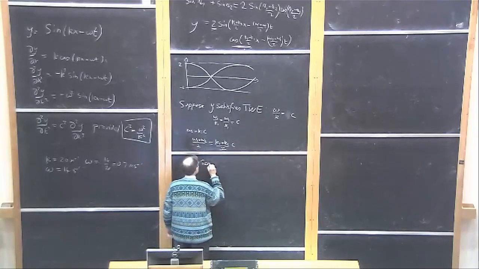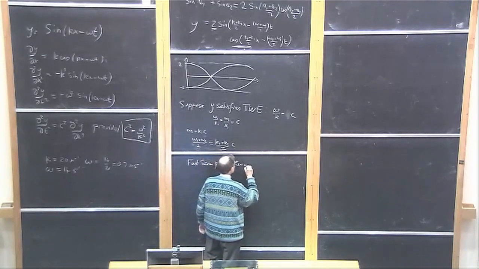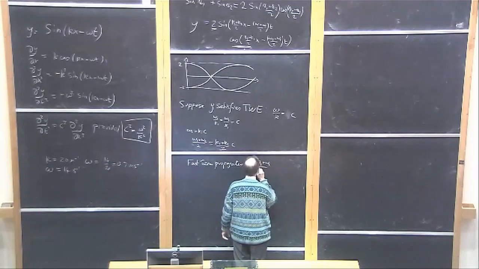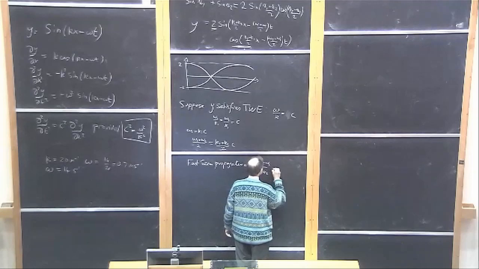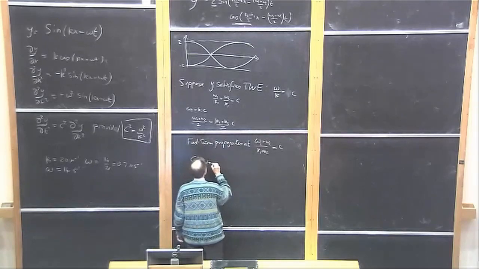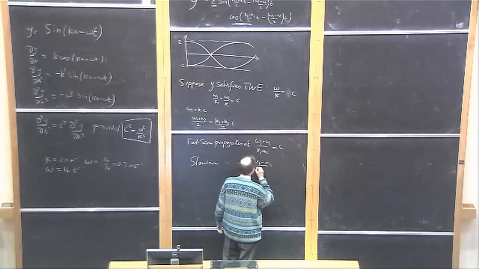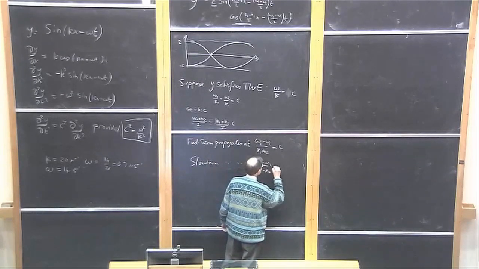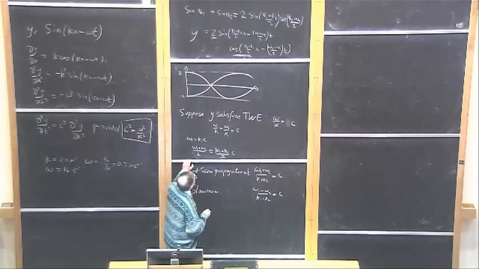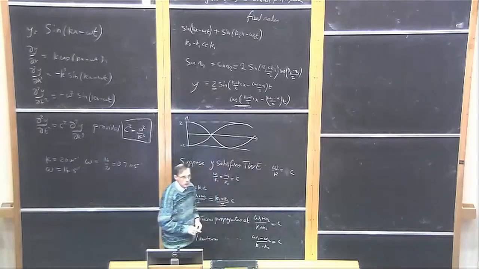So the fast term propagates at (omega 1 plus omega 2) over (k1 plus k2), which equals c. But the slow term does the same. So the picture looks exactly the same at all times, but the envelope and the wave inside it propagate forwards locked together.